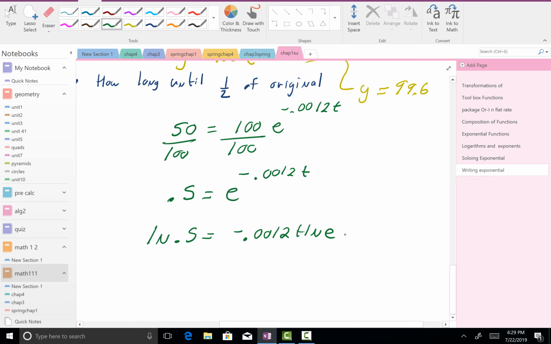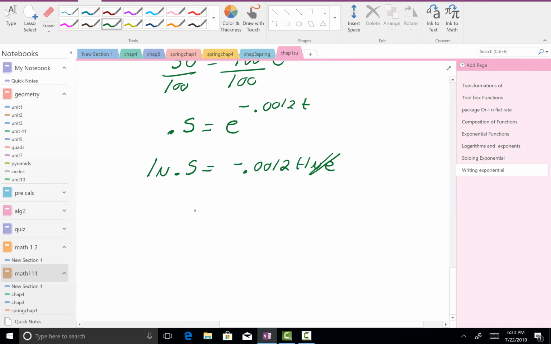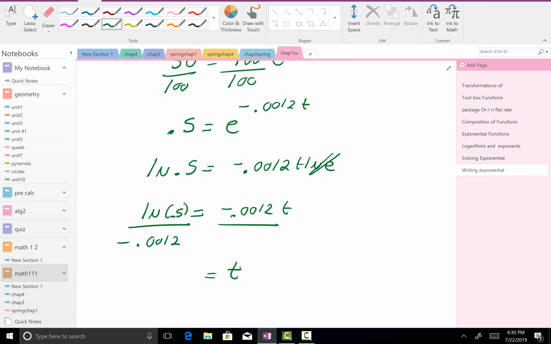Again, that natural log of e is just going to go away because the base is e, and now we can figure out what the time is. If we get a negative value, then there's something seriously wrong, but the natural log of 0.5 should be a negative value. This should be a pretty good sized number, so when you get it, don't be surprised if it's a big number.